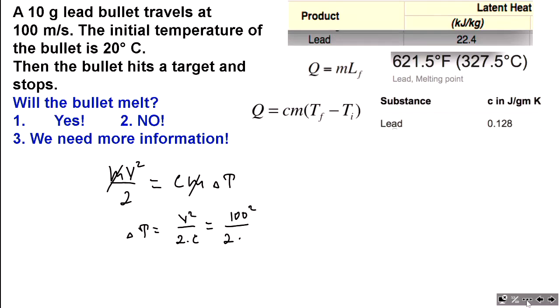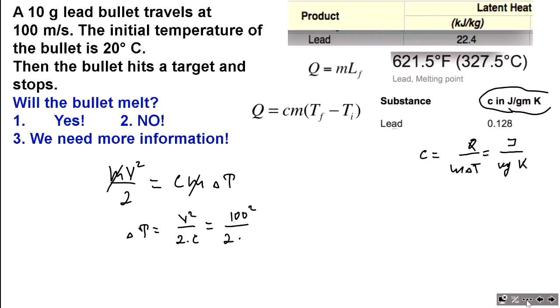So you have to be very careful with units. An official unit should be joules per kilogram Kelvin, because that's what it is. C equals Q over M times delta T, Q energy in joules, M mass in kilograms, delta T in kelvins or Celsius.